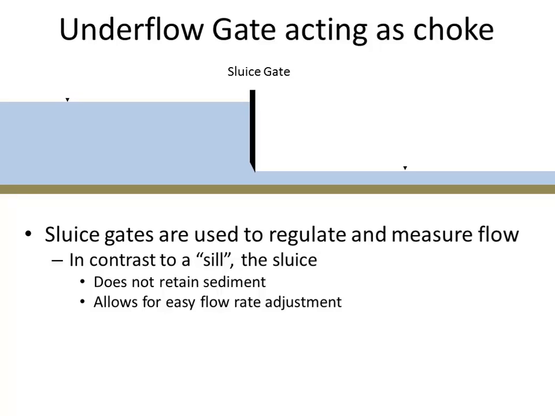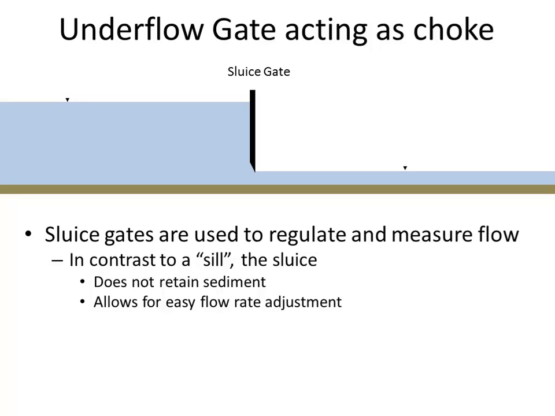So this is a case where previously there was some channel bottom and water was flowing along, and a gate was lowered into the flow, interrupting it, and eventually, when the gate got low enough, it started to cause pooling upstream of the gate, and then water was coming up from the level that it exits the gate there. This is a special case that we'll return to when we do a couple of activities back in the lab. But I wanted to point out the case of an underflow gate acting as a choke because it can raise the water upstream.